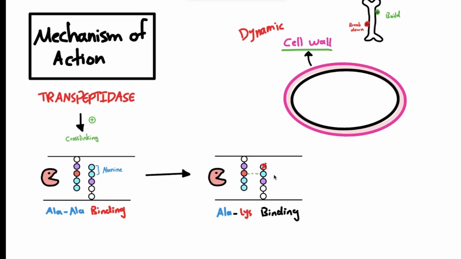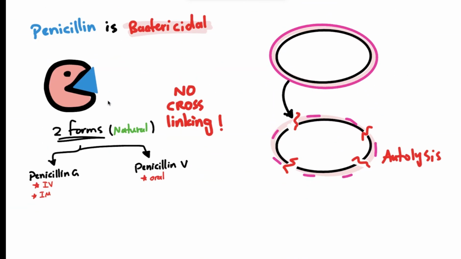Now, once you understand how a transpeptidase works, we can understand how penicillin works. Penicillin would come and block the binding site of the transpeptidase. When it does that, the transpeptidase is no longer able to cross-link the peptidoglycans of the cell wall, and therefore the cell goes through autolysis.